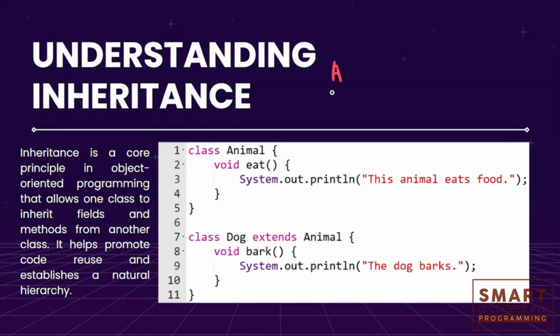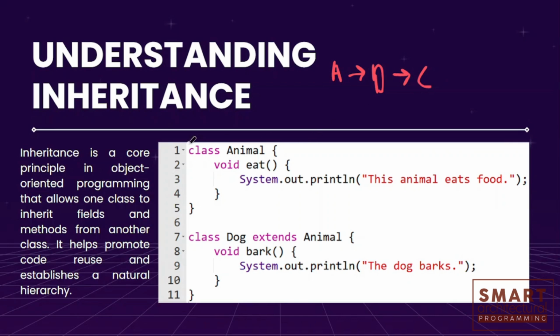So then we can potentially create a class called dog or cat. Now, while they are separate to a degree, both of them are also, if we think about it, animals, right? So the inheritance works like this. Dog and cat inherit fields and methods from the animal class and reuse them.